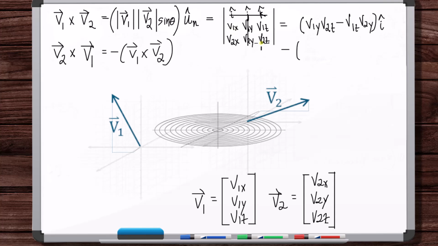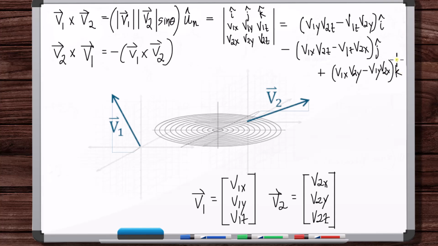V1x, V2z minus V1z, V2x, j hat. Okay, now plus, and we come to k hat, cross out this row, this column, the determinant of this matrix. So that's V1x, V2y minus V1y, V2x, k hat. And that's it.